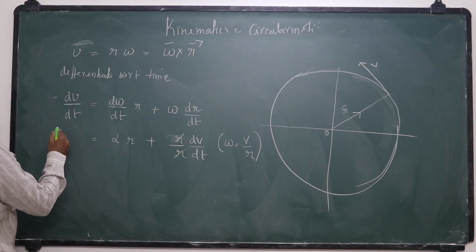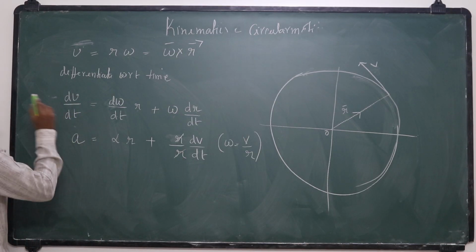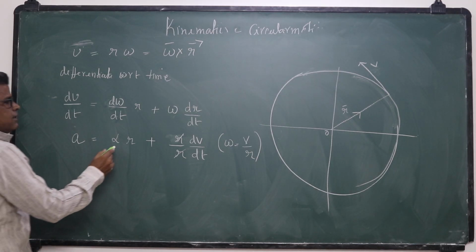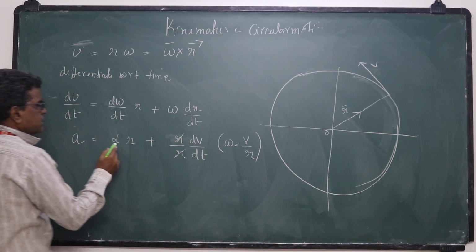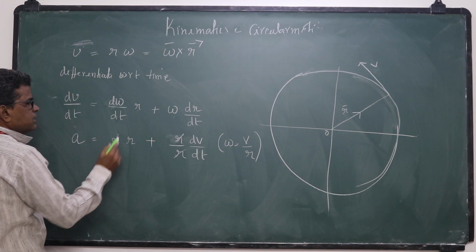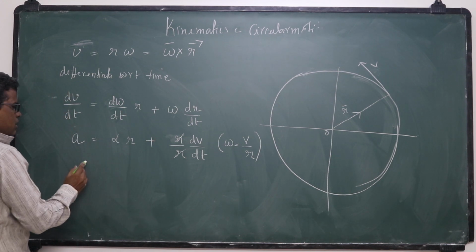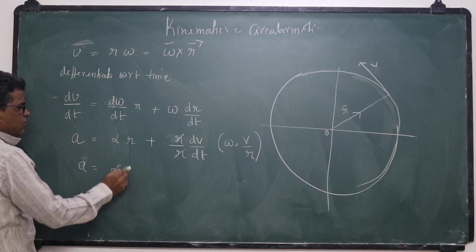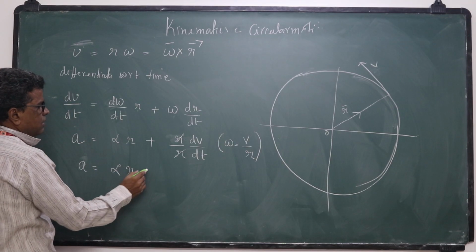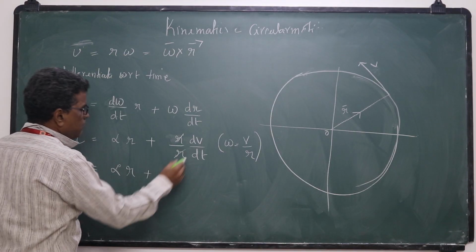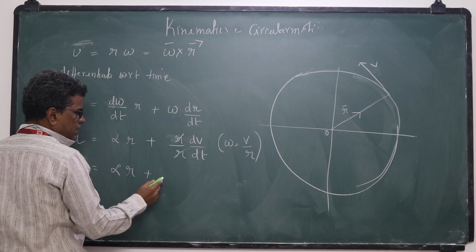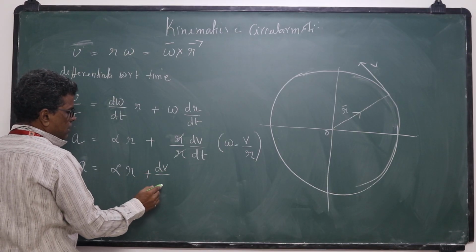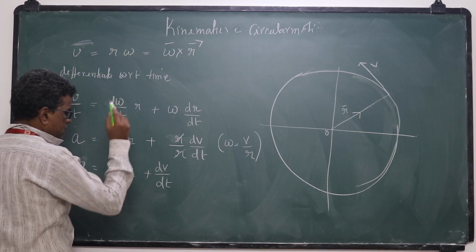So this acceleration is alpha times R plus dV by dt. Here dV by dt.